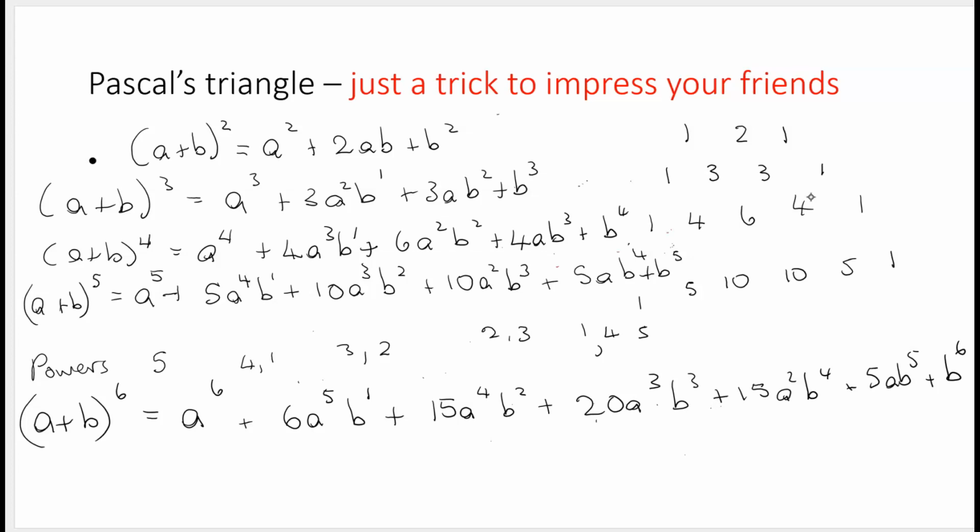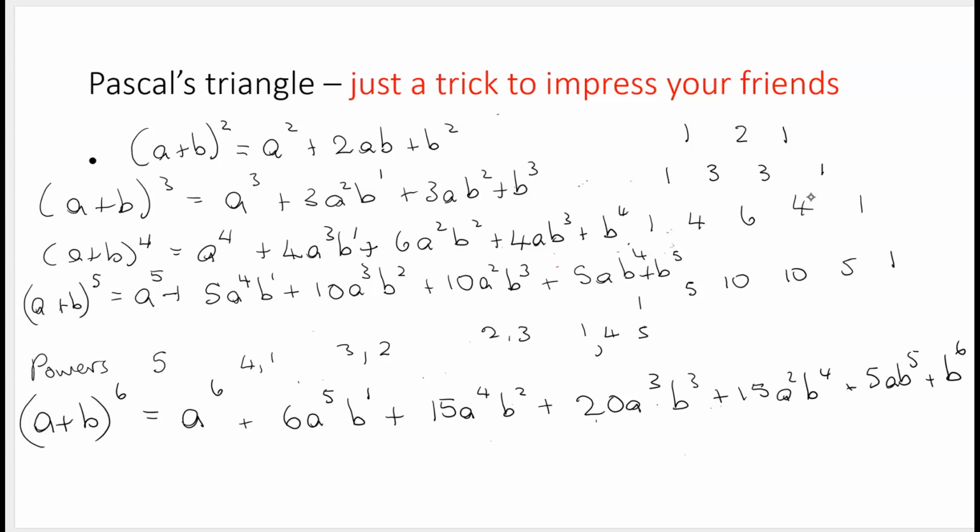All I'm doing is following the pattern set up by Mr. Pascal, just of the coefficients, and knowing that the a powers go down and the b powers go up. Really, that first term has b to the power of 0, but we don't need to worry about that.